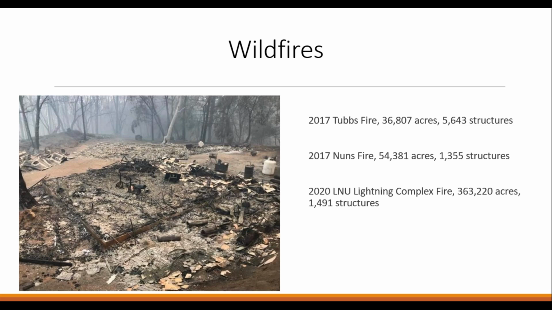These 2 fires in 2017, the Tubbs fire, the Nuns fire, and then in 2020, the Lightning Complex fire, happened specifically to the Santa Rosa area. So our museum with the Tubbs fire was very close to the burn zone, and we weren't able to access the building for several days and didn't even know if it was still standing.